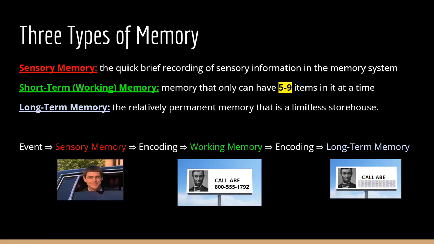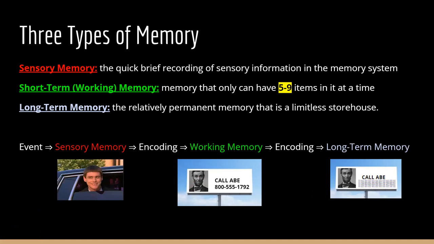Here's the order it would go: there's some kind of event, you have sensory memory, encoding, working memory. Say you see a billboard that says call Abraham Lincoln, with a phone number and some weird picture of him smiling. That's in your short-term memory, and you might even remember the phone number, 800-555-1792.